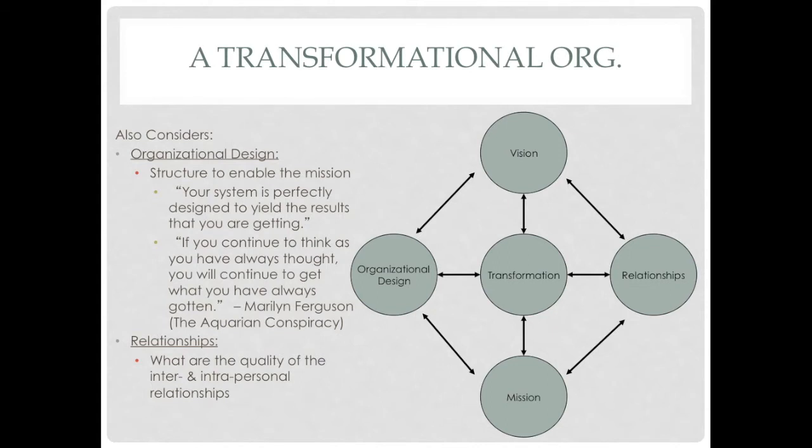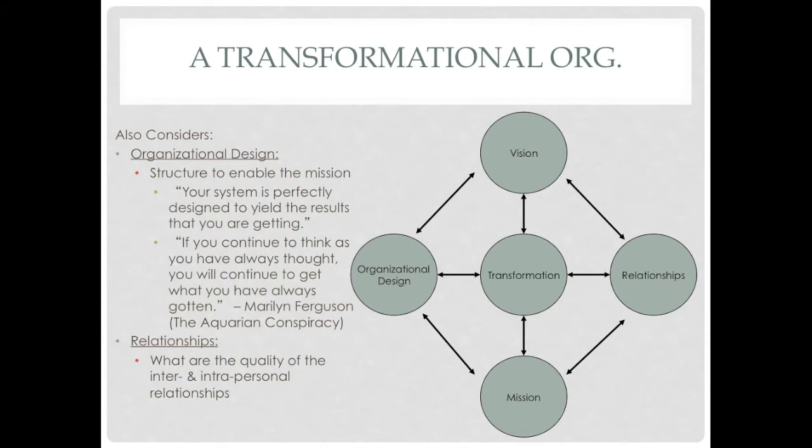A couple quotes here illustrate this perfectly: your system is perfectly designed to yield the results you are getting. Or, if you continue to think as you've always thought, you will continue to get what you have always gotten. And both quotes illustrate the fact that whatever organization we are part of, the mechanisms and structure within that organization usually determine the result.